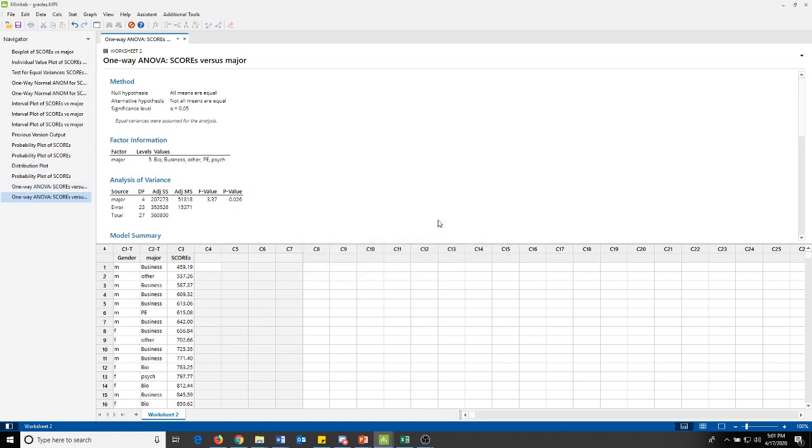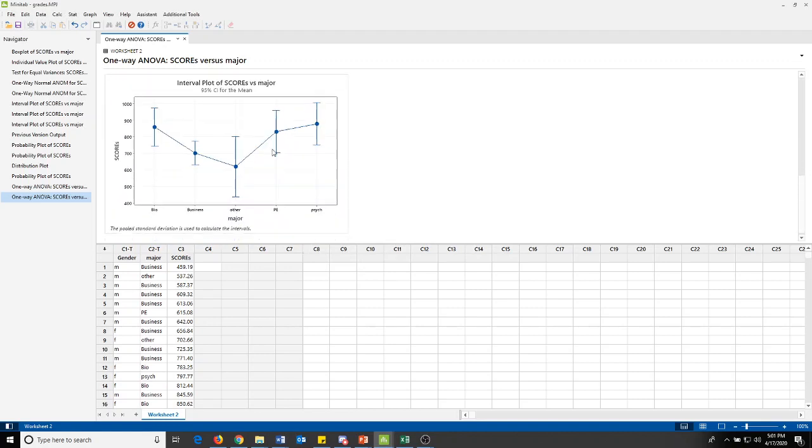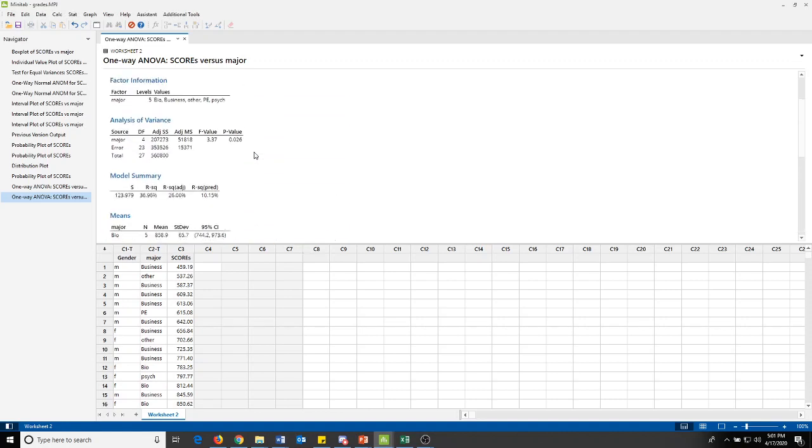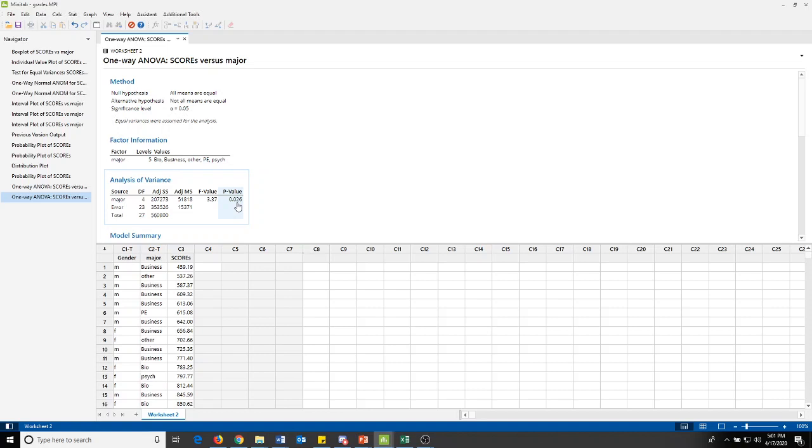I'd calculate it, and here's that little picture that you have on page 155. Your page 155 actually draws the actual mean of the three values. This one doesn't quite. And we see that here my F value is 3.37 with a P value of 0.026. We would reject the null hypothesis and say the means are different.